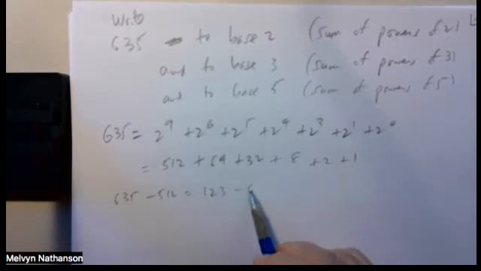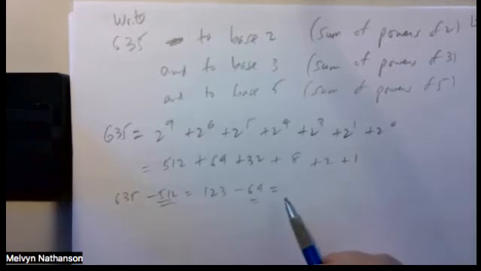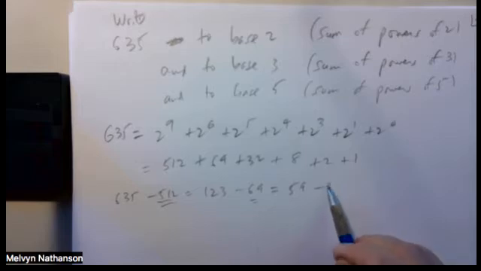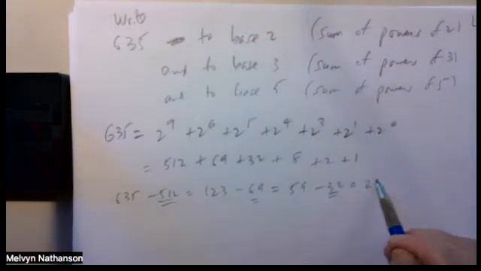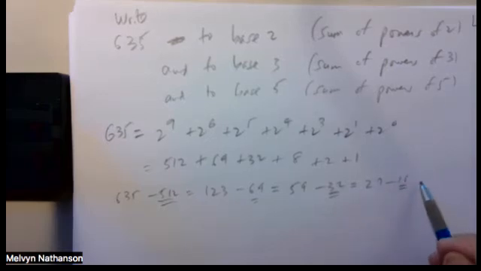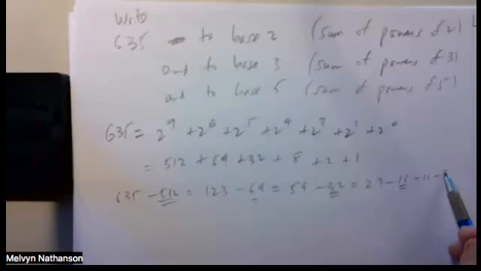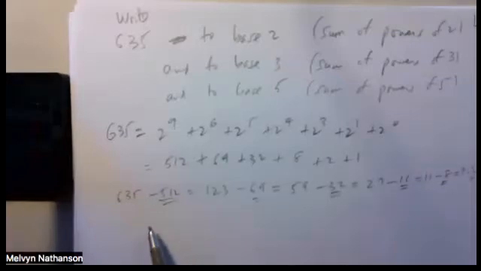I can subtract 64, and that's 59. I can subtract 32, and that's 27. I can subtract 16, and that's 11. I can subtract 8, and that's 3, and I can subtract 2, and that's 1.